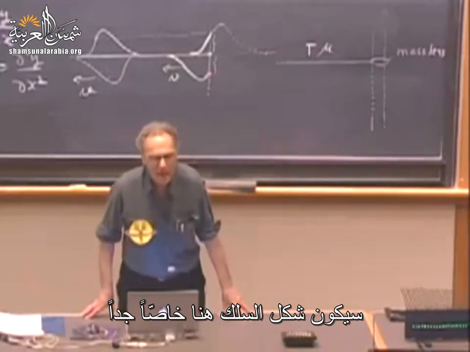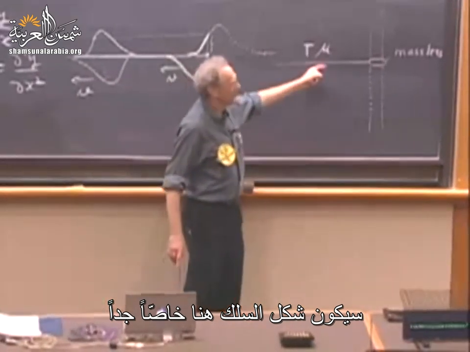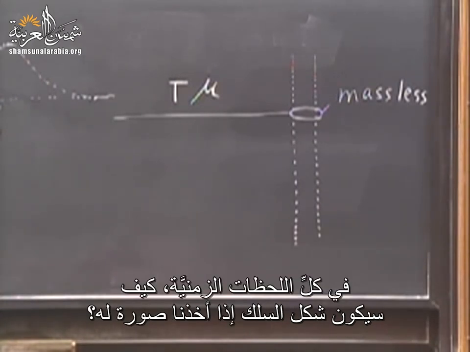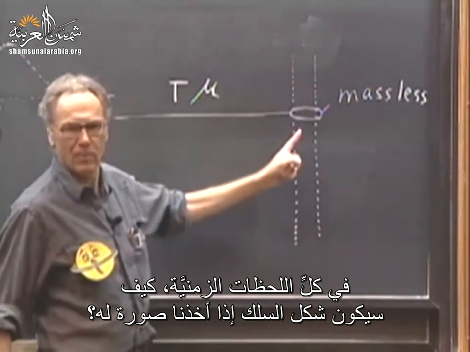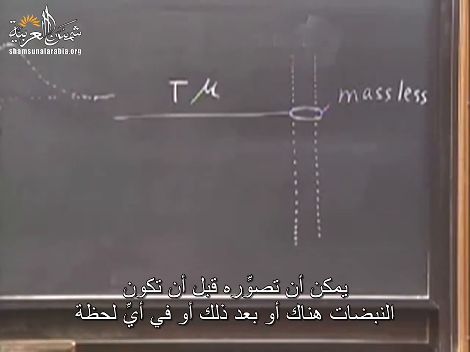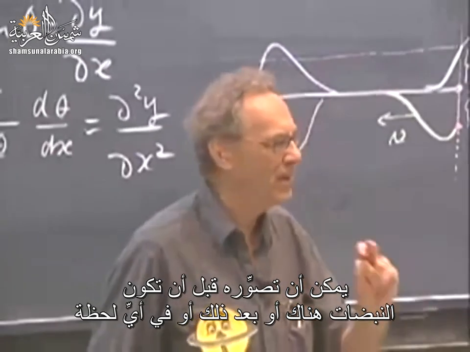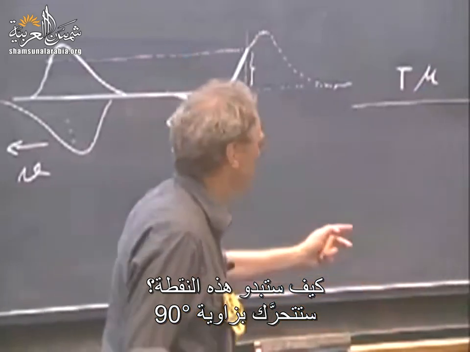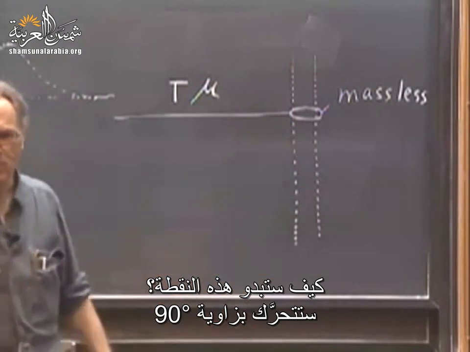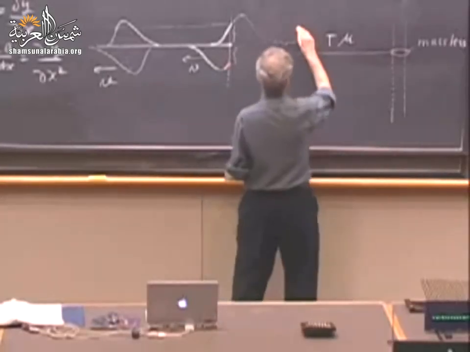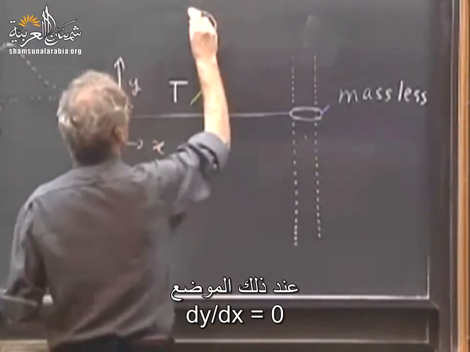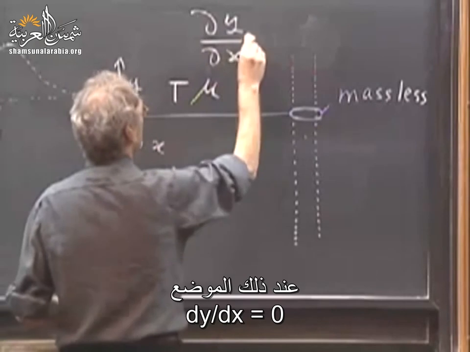However, the shape of that string right here is now very special. At all moments in time, what will the shape of this string be when we photograph it? No matter when you photograph it. You can photograph it before the pulse is there, after the pulse is there, at any moment in time. What will this point look like? It comes in at 90 degrees. dy/dx, if this is y, and this is x, at that location, dy/dx must be 0.